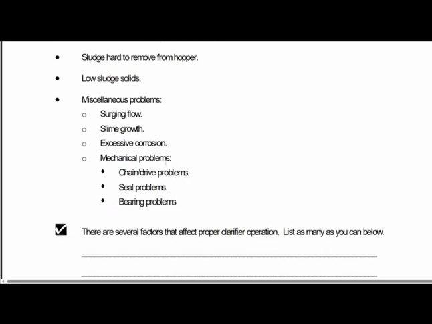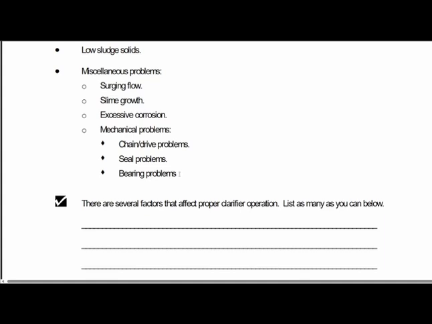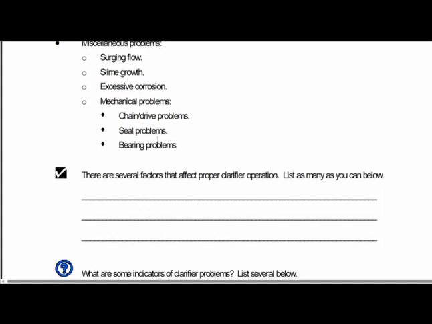Mechanical problems you can run into are chain drive issues, your seals not working properly, or bearings in your pumps or in your weirs that are rotating. If you're having issues, it's best to look at everything.